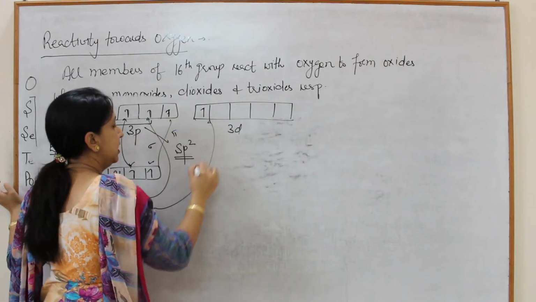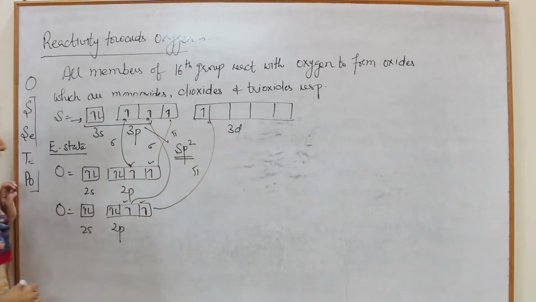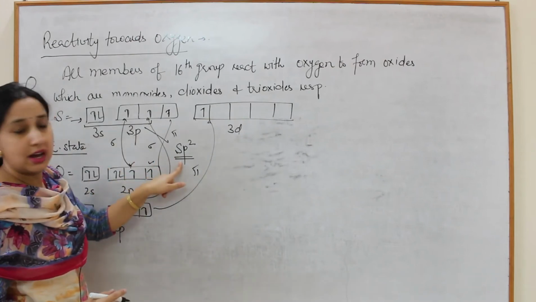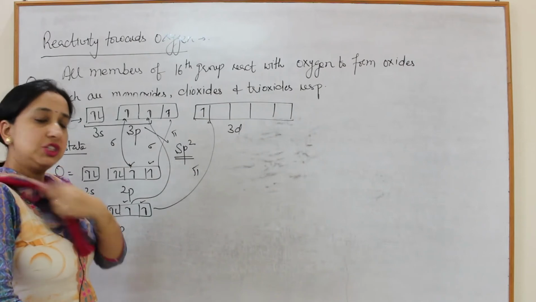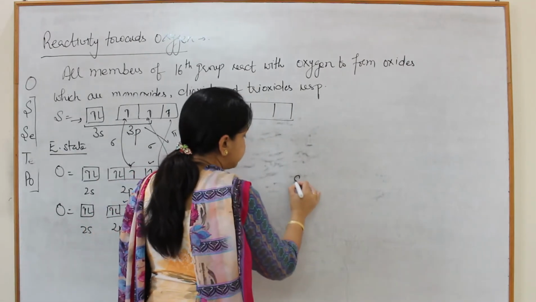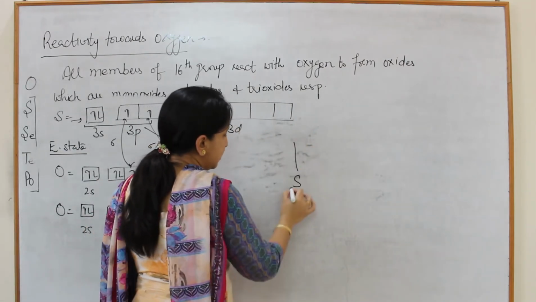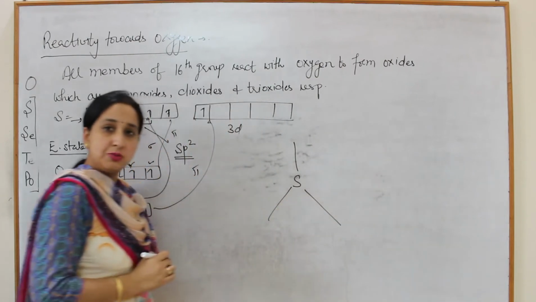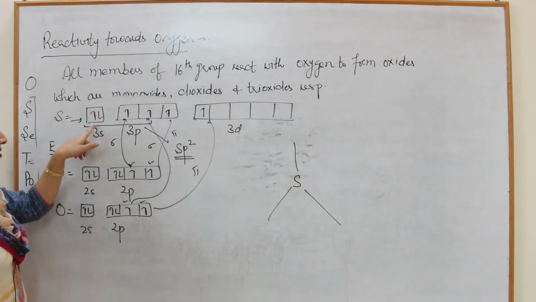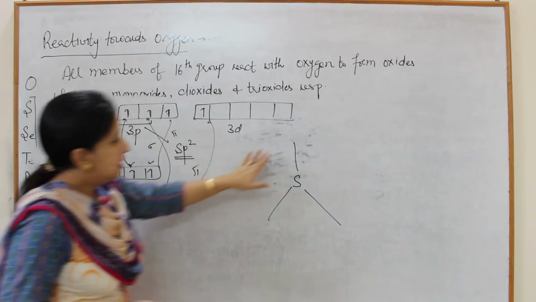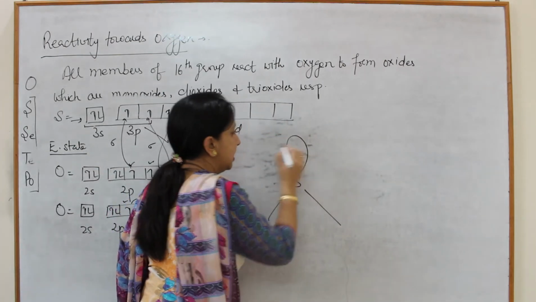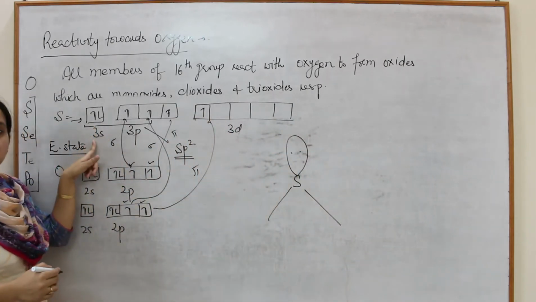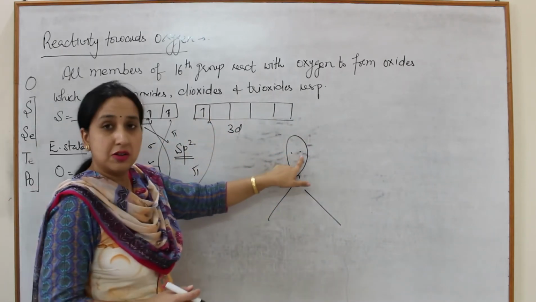First pi bond and second pi bond. So because the hybridization is sp2, its geometry should be planar. Planar means like this. But in this case one orbital has a lone pair of electrons like this. So this is the 3s electron.